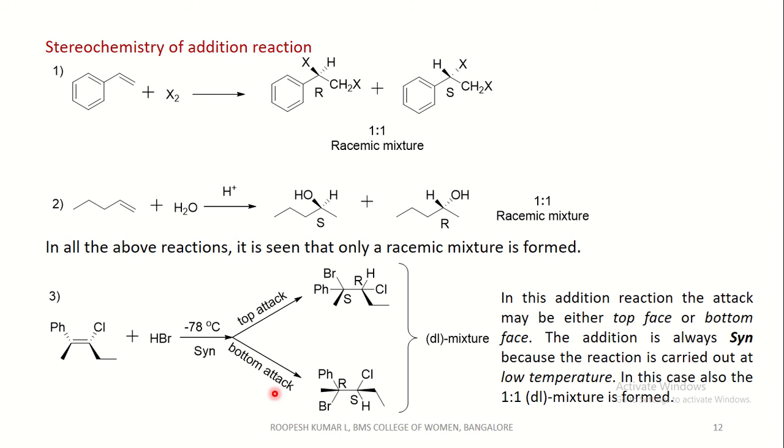Coming to the stereochemistry, this styrene reacts with a halogen to form a mixture of compounds, that is R and S, a racemic mixture, that is, equal amounts of both products are formed, and this is R and this is S. And pentene reacts with water, that is acidified water, and here also we get a mixture of isomers, a racemic mixture, that is, equal amounts of both S and R are formed.